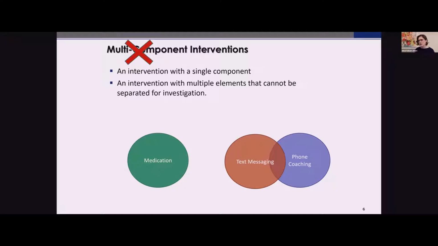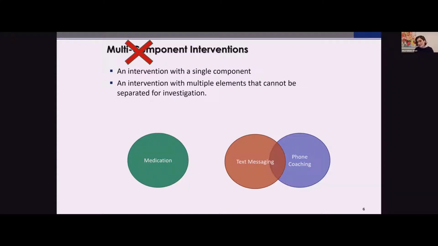This is an example from my own research. I was developing an intervention that included phone coaching and text messages, and I wanted to disentangle them for investigation, but I couldn't because I needed the text messages in order to get people to engage with the phone coaching. So I couldn't separate them out.